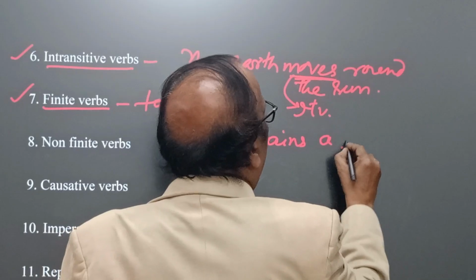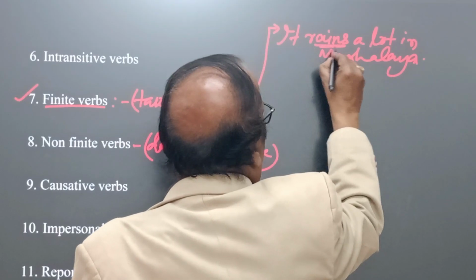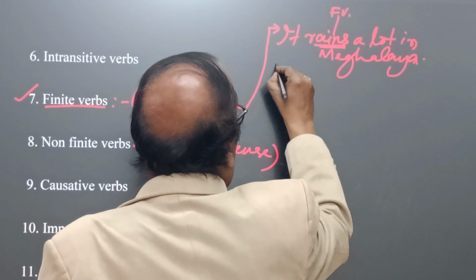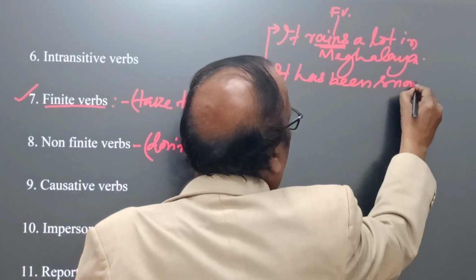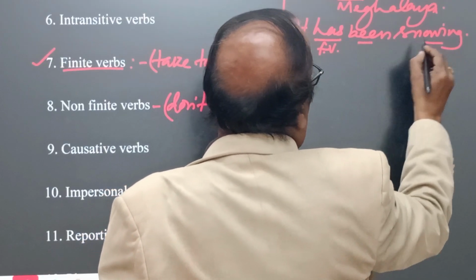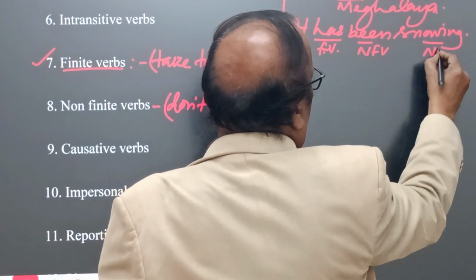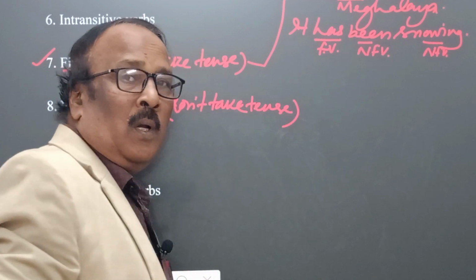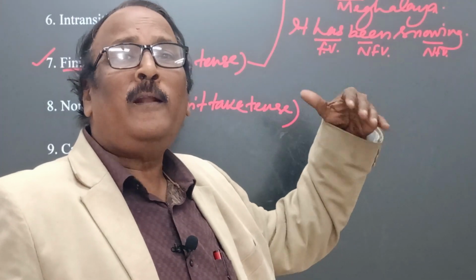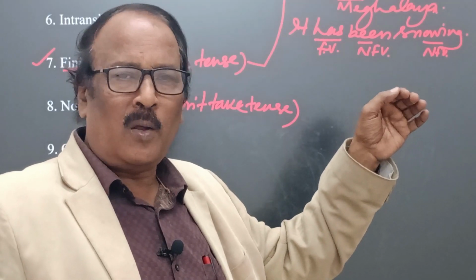It rains a lot in Meghalaya. Here, rains takes tense. Similarly, it has been snowing, finite verb, but been snowing, NFV, non-finite verb. So here we find that the verb which takes tense is called finite verb, and the verb which does not take tense is called non-finite verb.